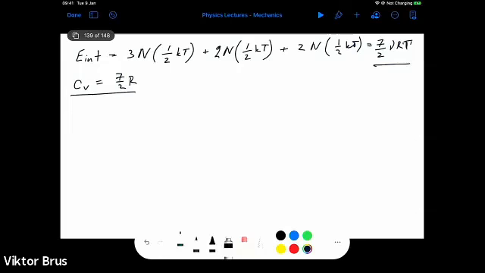And the main reason for that is that energy levels of molecules, specifically rotational and vibrational energies of molecules, are quantized. It means they are not changing continuously.